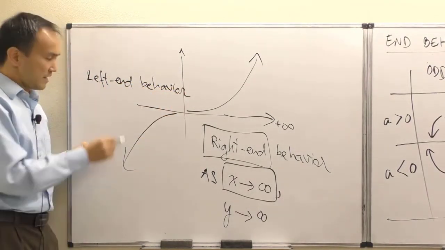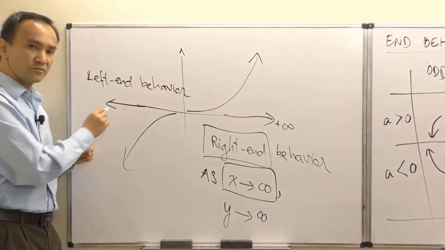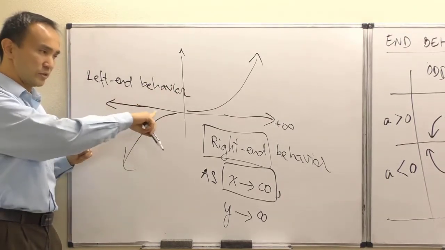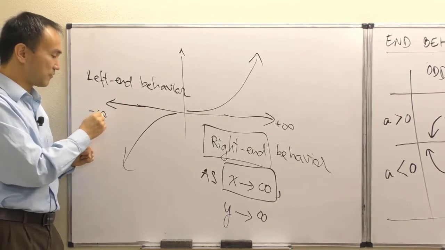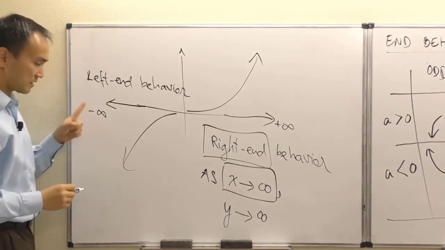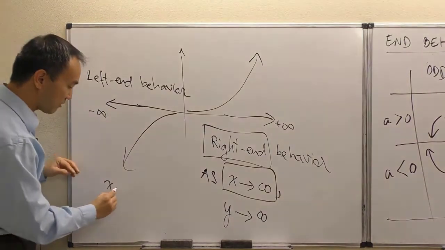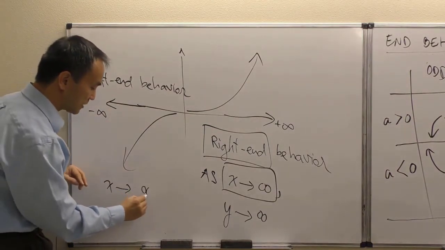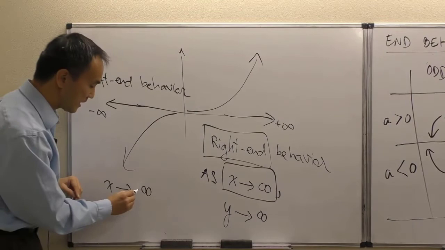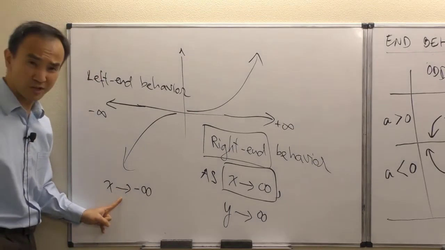Now in that same way, we learned a long time ago that going to the left end means the negative infinity side is here. So that means we're letting our x values go, or tend, to negative infinity. I'm using that arrow symbol again.